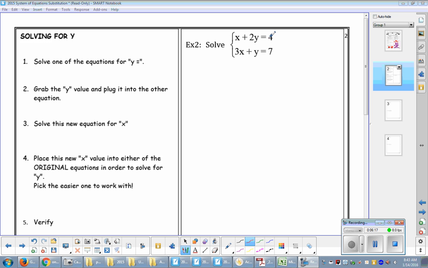You can solve for y from the first equation, or you can solve for y from the second equation.